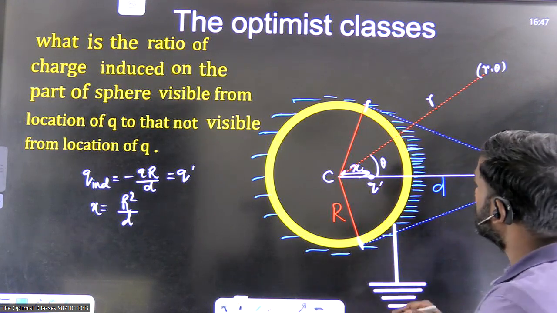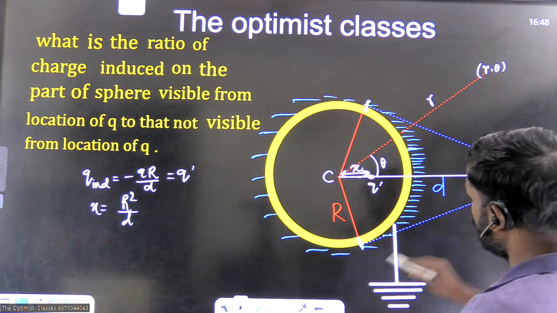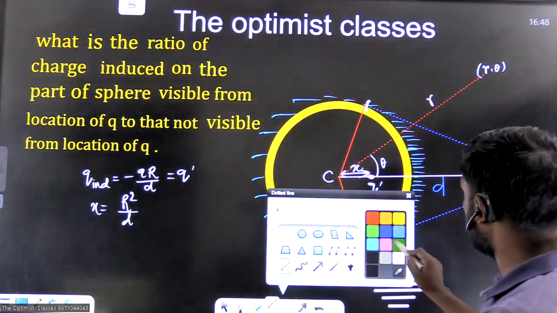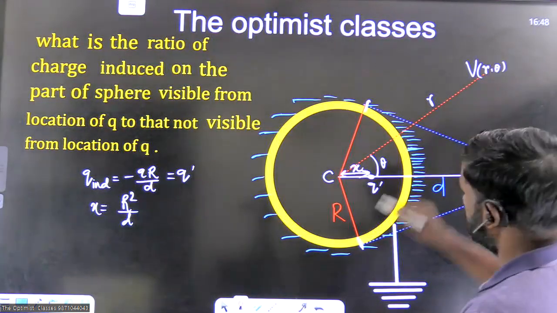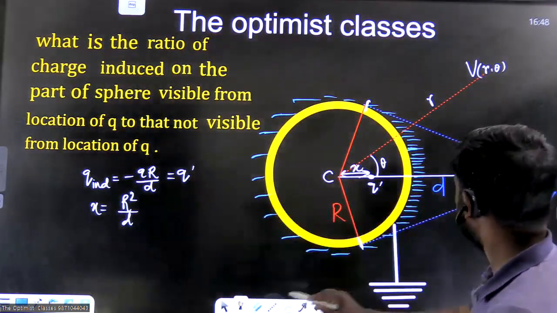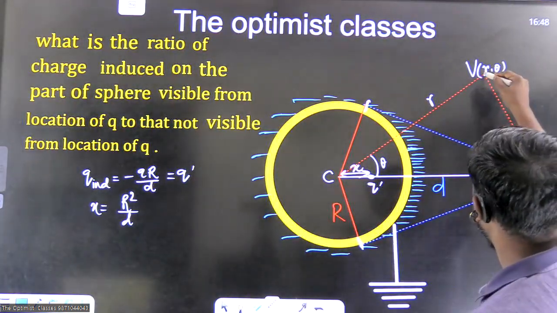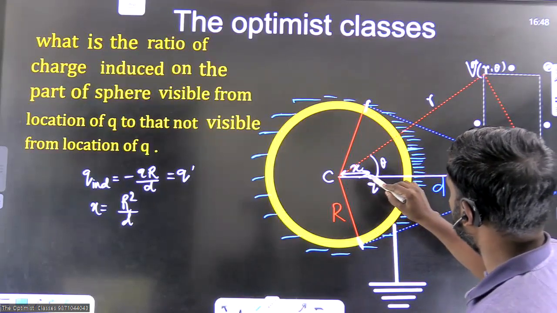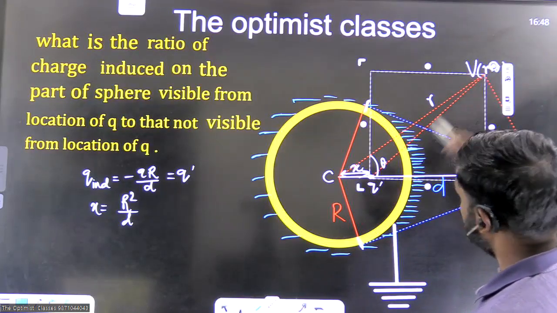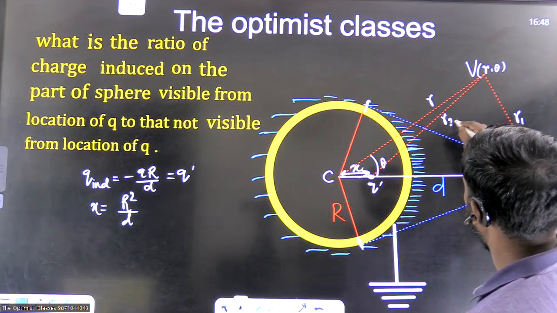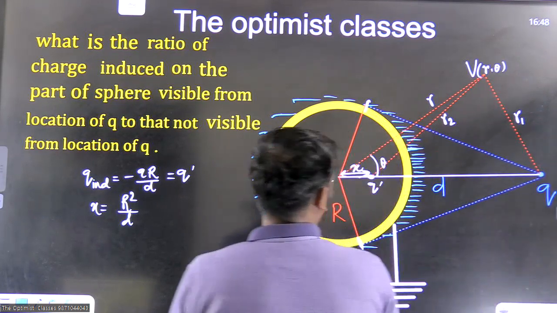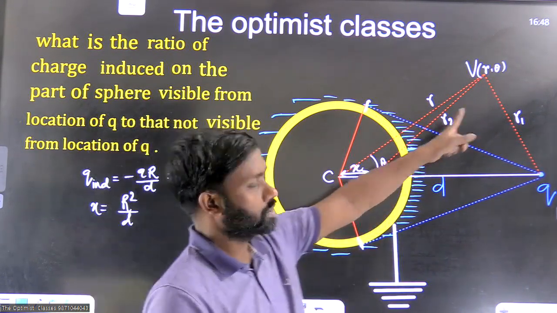Let's say the potential here is V of R, theta. This point is at some distance from this charge, and at some distance from this image charge. Let's call this distance R1 and this distance R2. R1 and R2 we can calculate using the cosine formula.